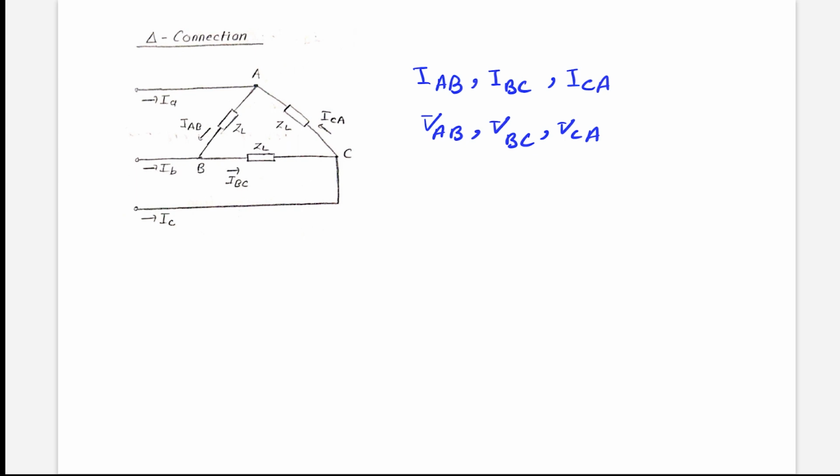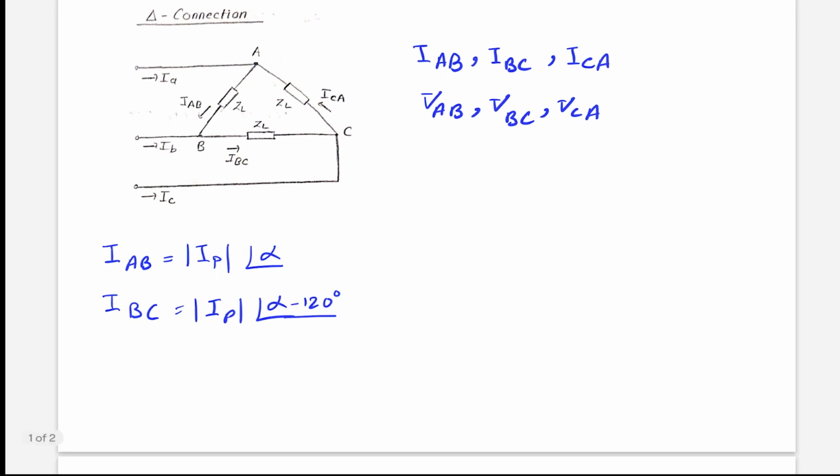So, for example, if our IAB has a magnitude of IP and some phase alpha, then IBC will also have the same magnitude, but a 120-degree difference in the clockwise direction.